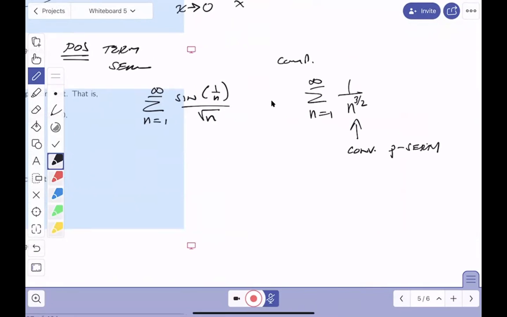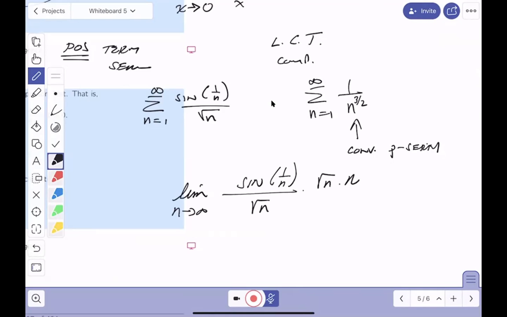I'm still not out of the woods yet. I'm using the limit comparison test. Let's write it down. Limit n goes to infinity, sine 1 over n root n. I'm dividing by that P series, which is like multiplying by the reciprocal, and 3 halves is root n times n.